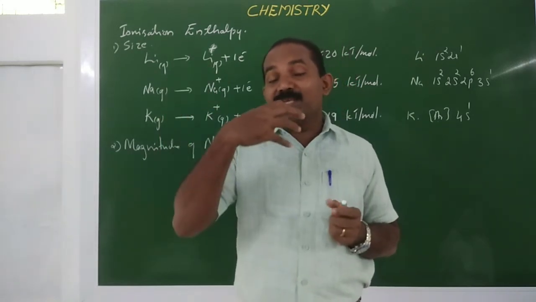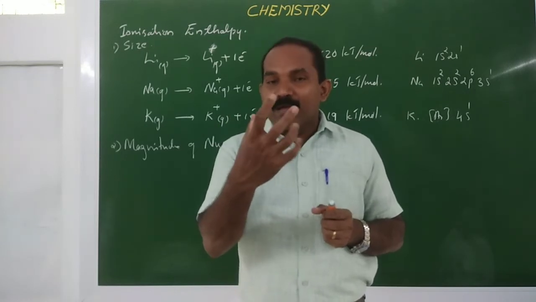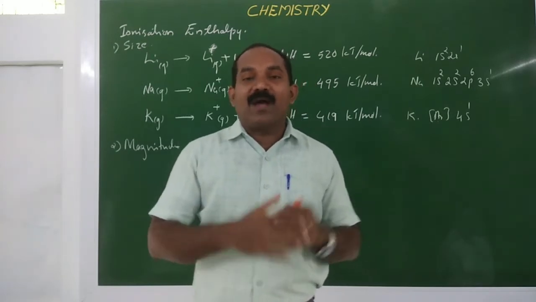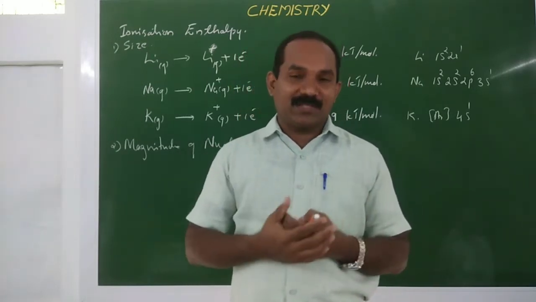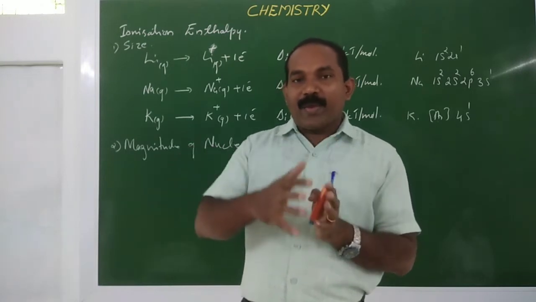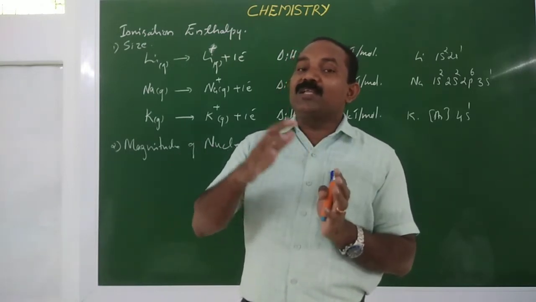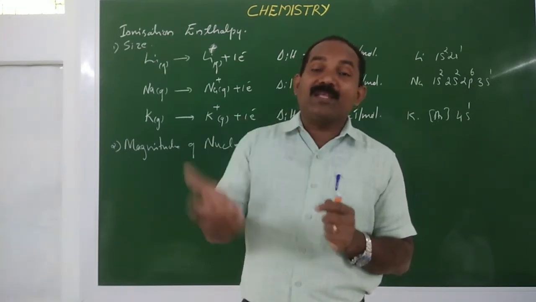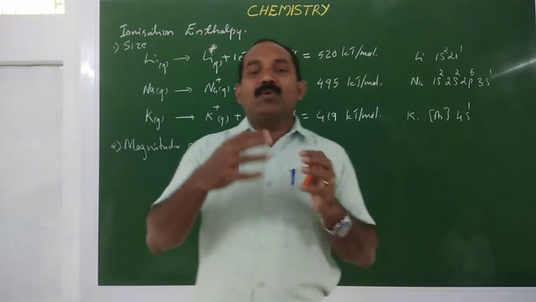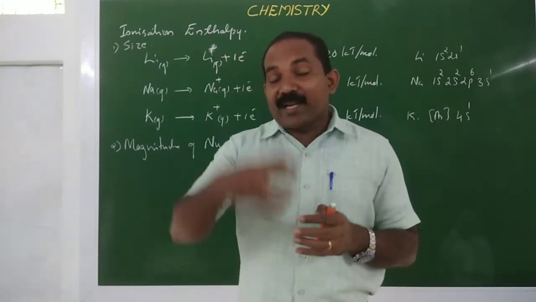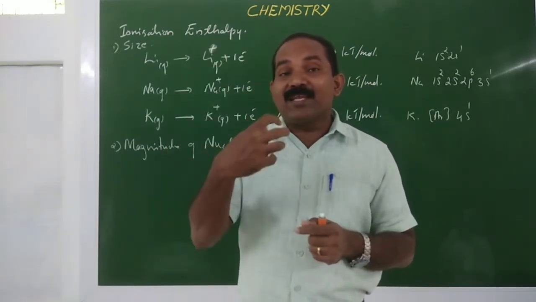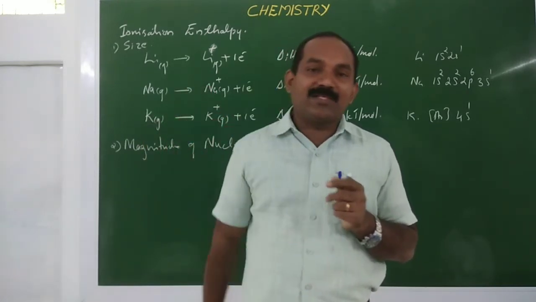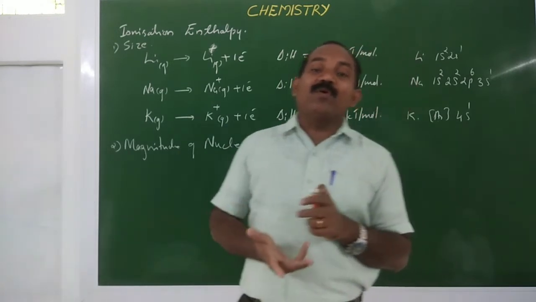The nucleus holds the valence shell electron strongly or firmly, and what happens? The ionization enthalpy increases. So remember that when the nuclear charge increases, the ionization enthalpy increases, because the nucleus strongly holds the electron and we supply more energy to remove that electron.